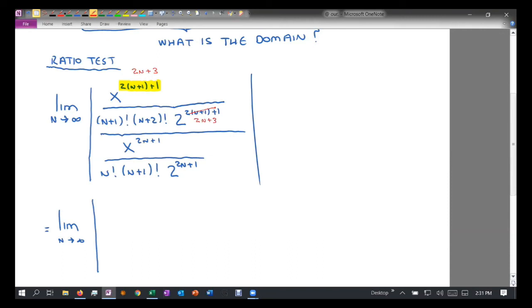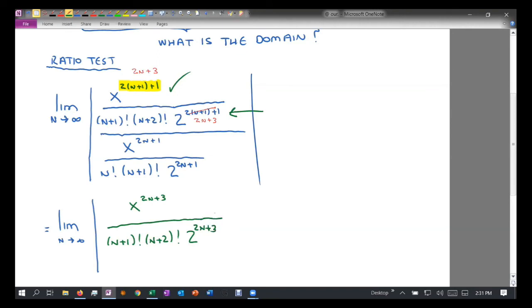Let's just write it down. I've got x to the 2n plus 3 over (n+1) factorial, (n+2) factorial, 2 to the 2n plus 3.